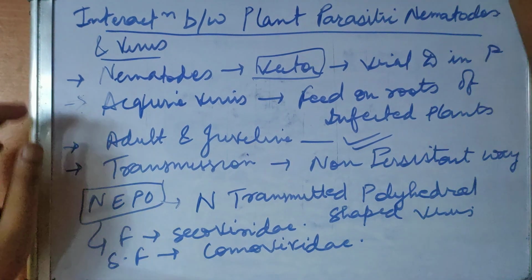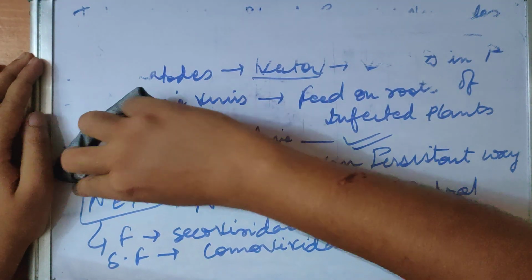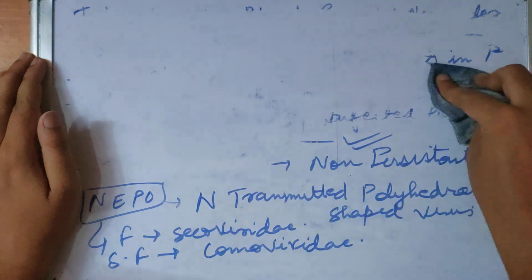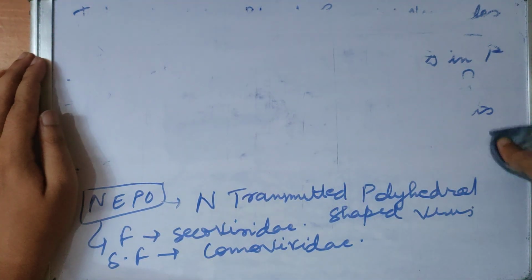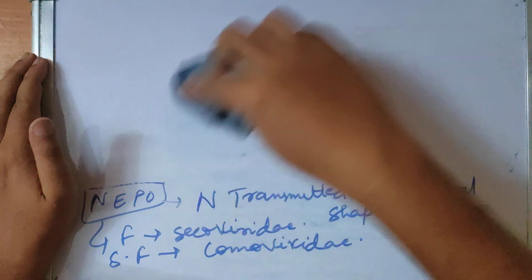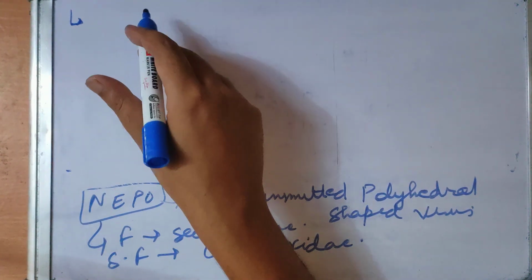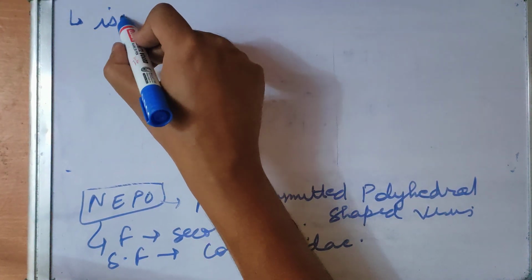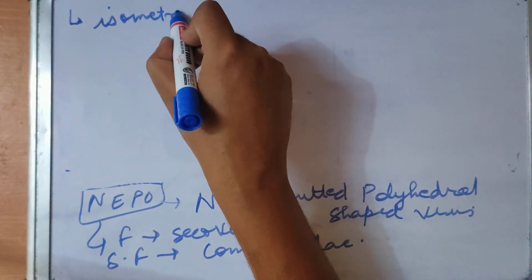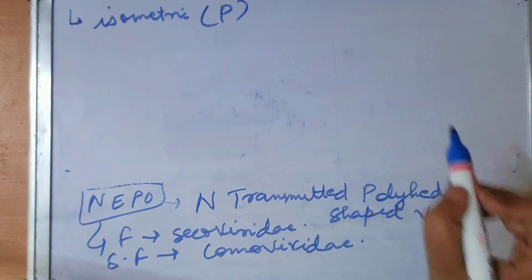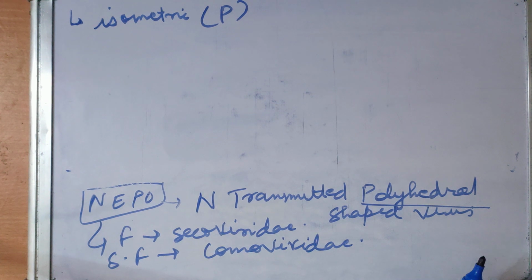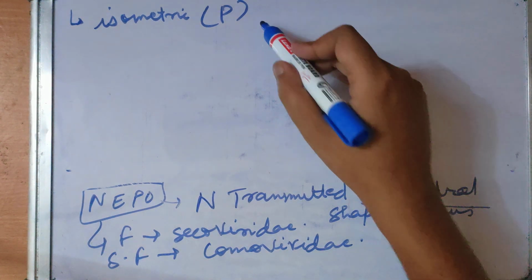These NEPO viruses are isometric, that is polyhedral particles, around 30 nanometers in diameter.